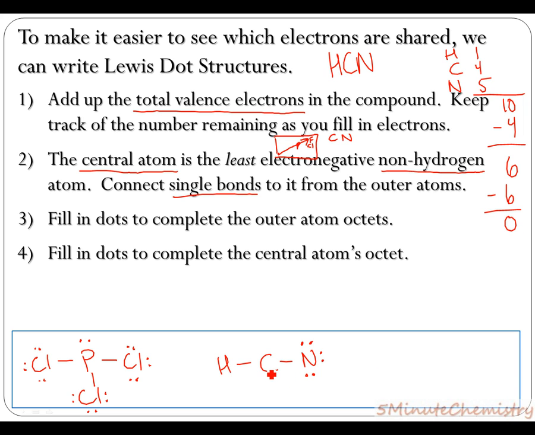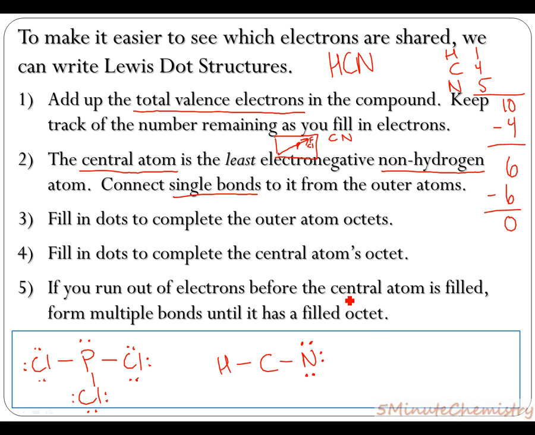So the issue that we find is that the carbon only has access to 4 electrons. To solve this problem, if you've run out of electrons before the central atom is filled, you can take the paired electrons from one of the outer octets. What we'll do is we'll take these 2 and we can share them in a bond with carbon.